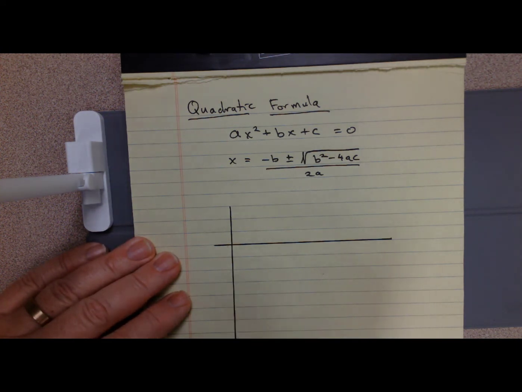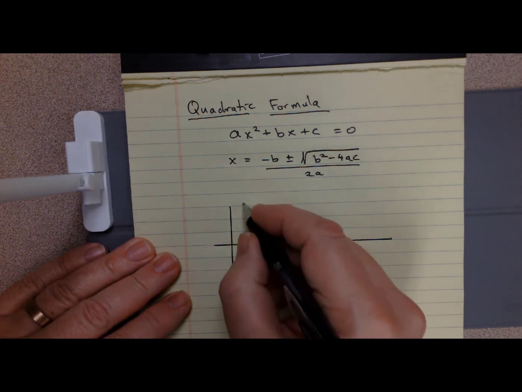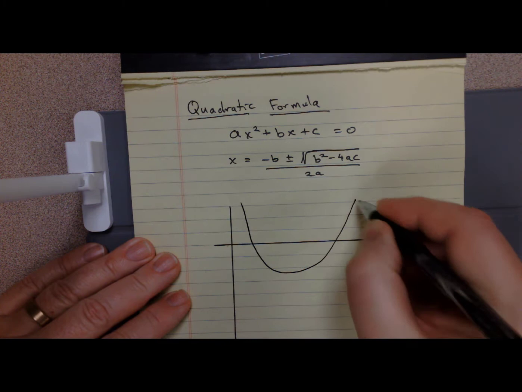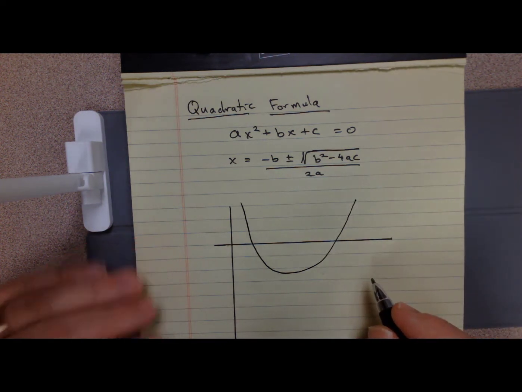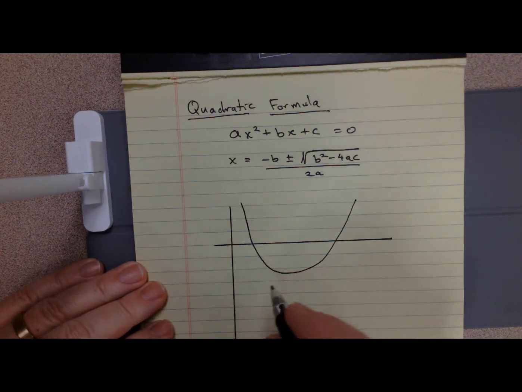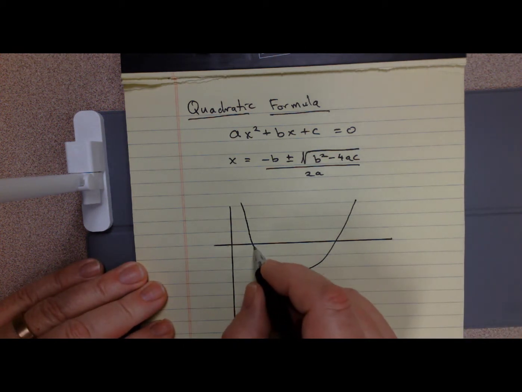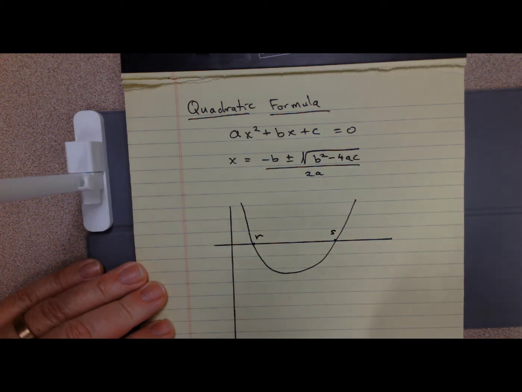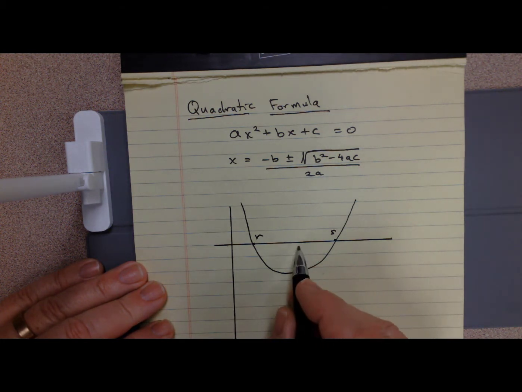I'm going to start out by drawing a graph of a parabola. I've shown a smiley parabola, as I like to call them. As it crosses the axis, we've got two roots. We'll call them R and S, following the notation of 3Blue1Brown here.